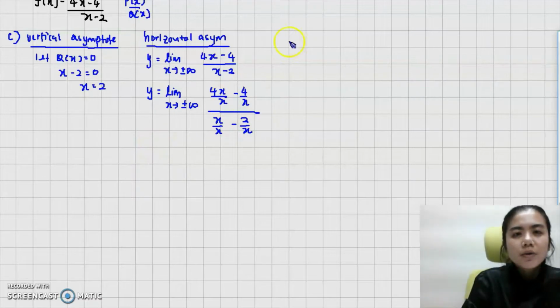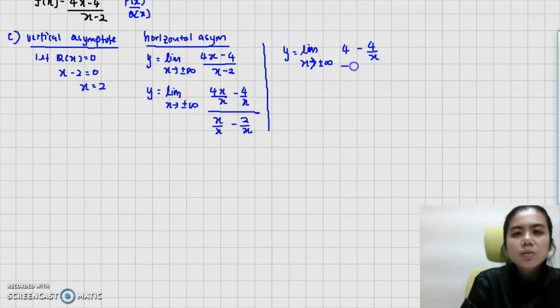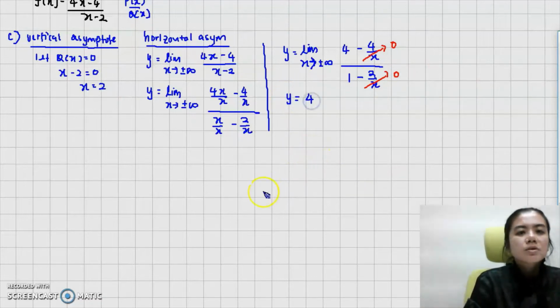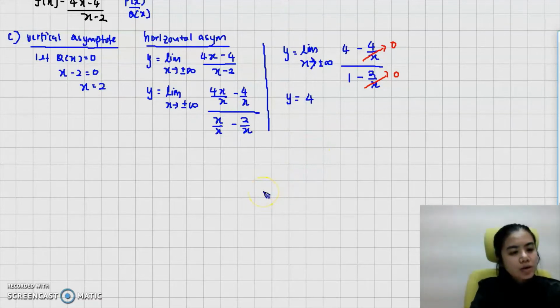Simplify it, and you will have y equals the limit as x approaches infinity. This cancels, you have 4, and 4 over x, cancel, you have 1, you have 2 over x. Substitute the infinity in here, you have 0 and 0, so you have 4 over 1, which is 4. So that is our horizontal asymptote. Done for part C, we go for part D.